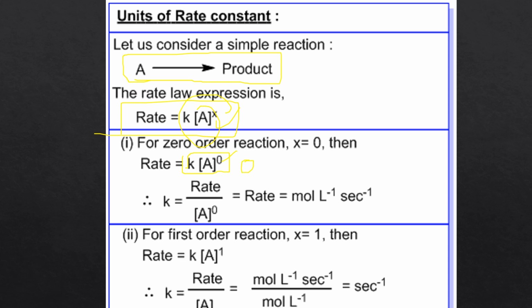So here the rate will be equal to R = k simply. If we talk about the units, it is mole per liter per second, or it is also termed dm cube. So whether it is liter or dm cube, it will be mole per dm cube per second.